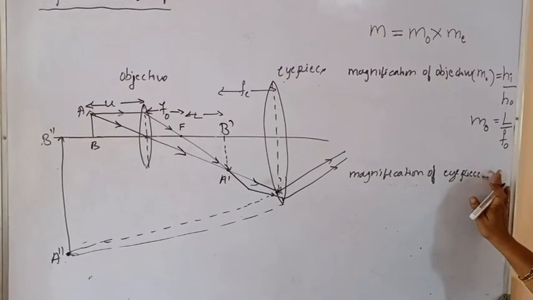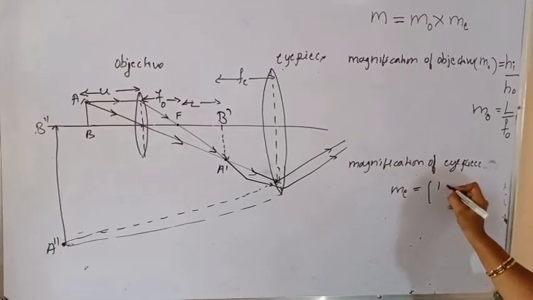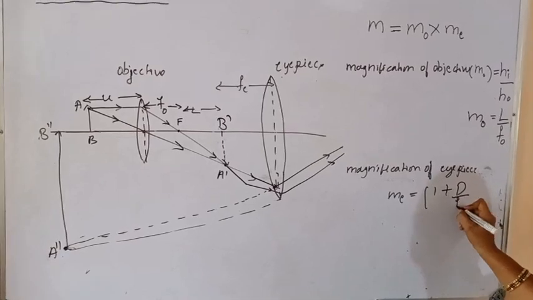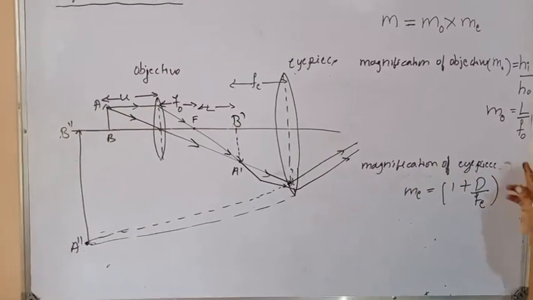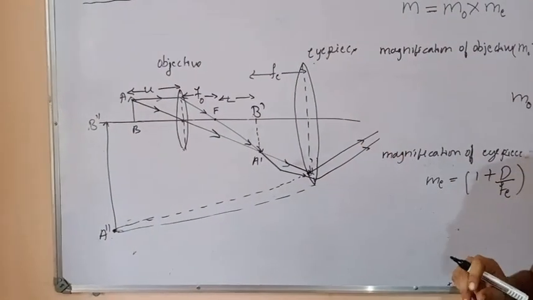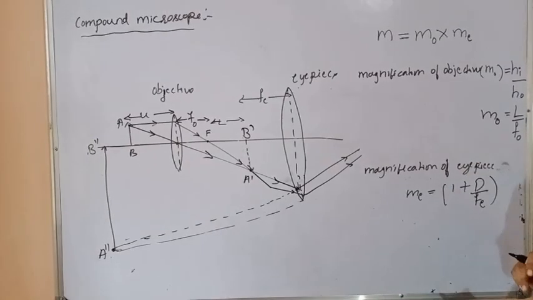ME is equal to 1 plus D by FE, because this magnification of the eyepiece is similar to the image formed at the near point in the simple microscope.